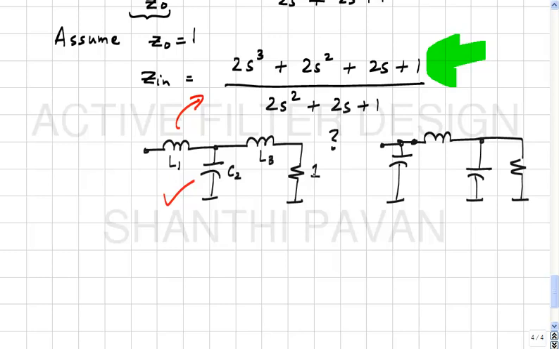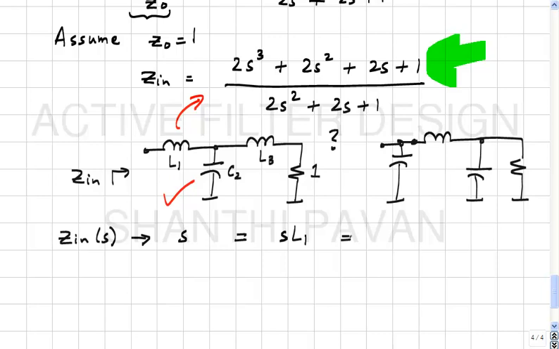So, as we just reasoned, as S tends to infinity, Zn of S tends to S, and in the network it must tend to SL1. Does it make sense? Correct?